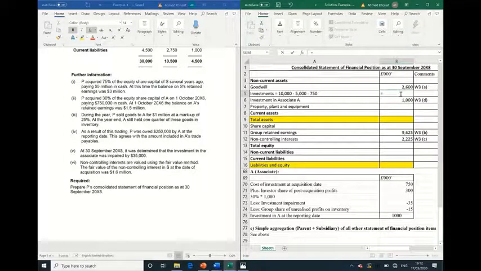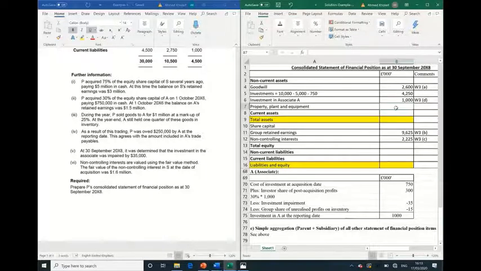So the remaining balance of the investment is 10,000, take away 5,000, and then take away 750. So this is the balance that should be included in the consolidated statement of financial position, and the 5,750 should be excluded.